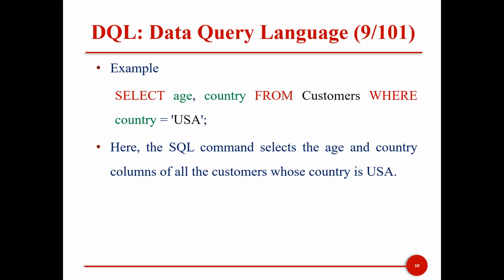This is still more example. You can see here: select age, country from customers where the country is USA. Here you're trying to filter records based on the country the customers come from. You only want the age and the country of all the customers who belong to USA.